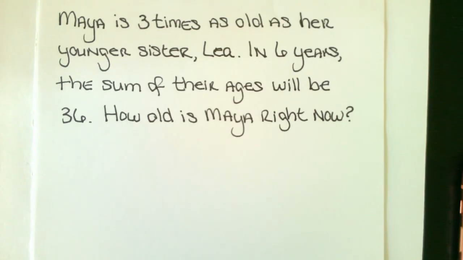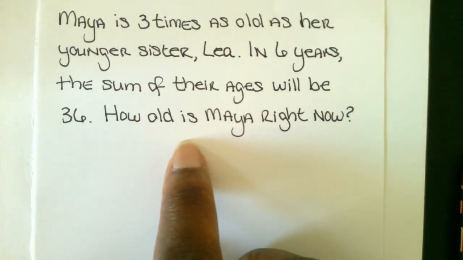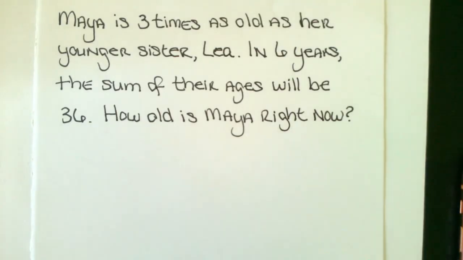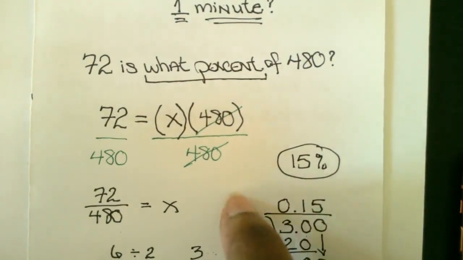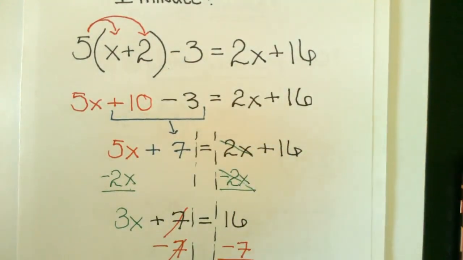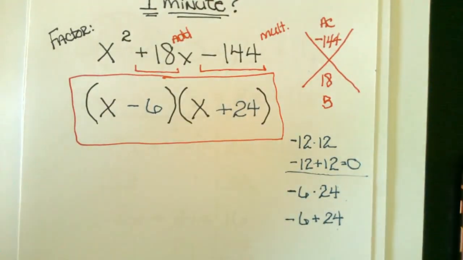All right, so this is one thing we're going to have to. These are the type of problems that I wouldn't give myself a minute for. Okay, all the other problems that we've done, like this one, once I understand my multiplication, I can do this in a minute. Okay, factoring, knowing our multiplication, definitely a minute.